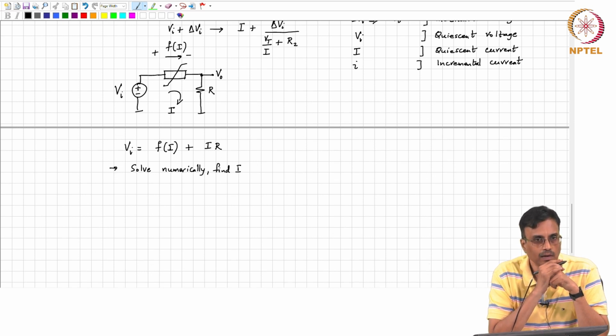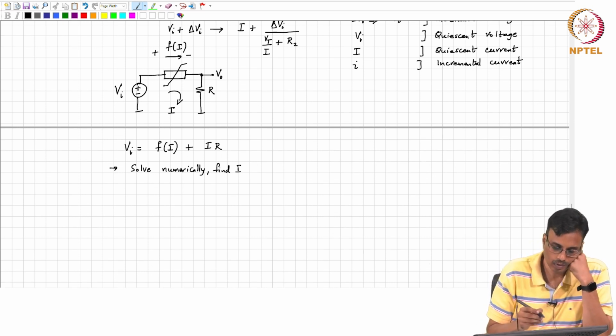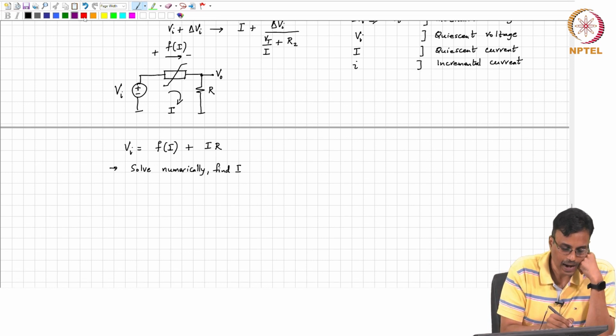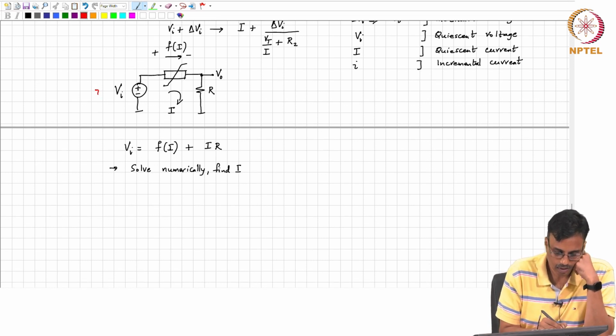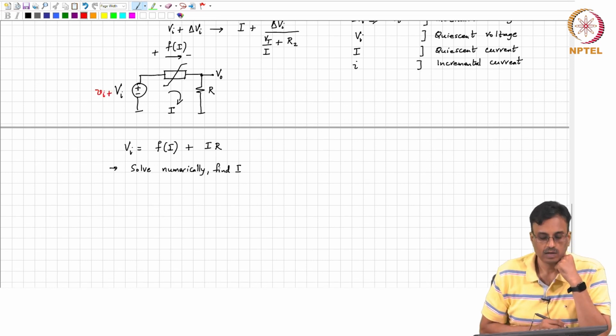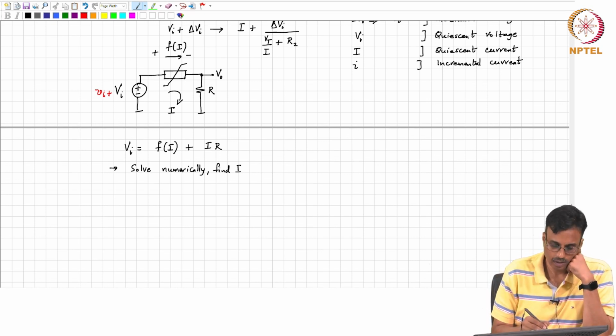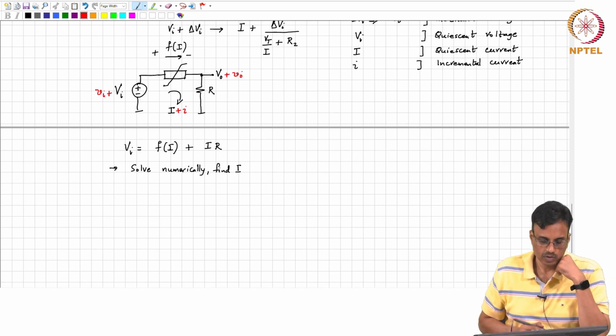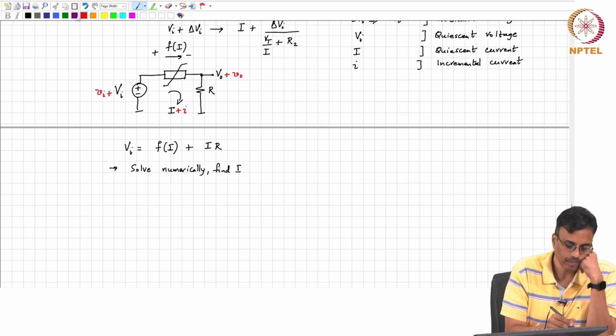That makes sense? Now, if I add a small signal, the current changes by a small amount and the output voltage also changes by a small amount. So, what do we say?